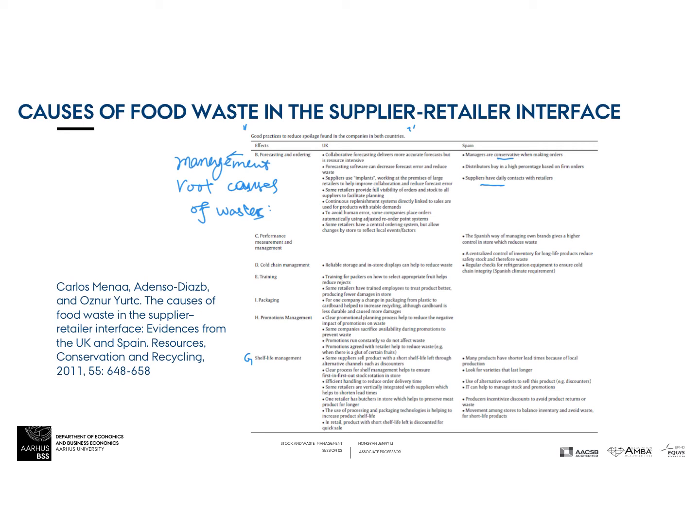Here, performance measurement and management related to waste mainly refers to over-emphasizing customer service levels, which will lead to overstock, so focusing on the economic contributions and ignoring the waste generated thereby.